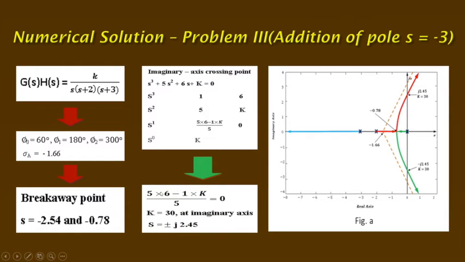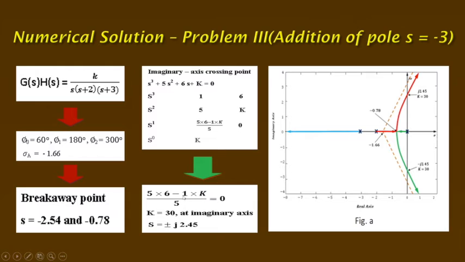If we consider this is equal to 0, then all values of this row are 0. Then from the upper equation we consider the auxiliary equation. From this equation we get k equal to 30.